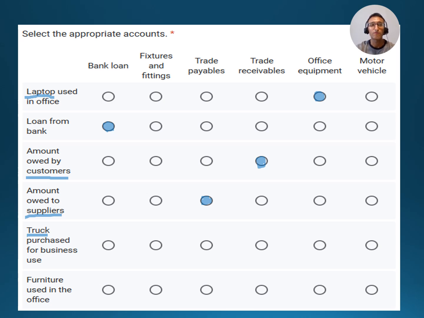A truck falls under the category of vehicles, and we would record them broadly under the motor vehicle account. Next item, furniture. Okay, this furniture is to be used and not for resale, so we would not record it as inventory. Instead, we would record it under the fixtures and fittings account.